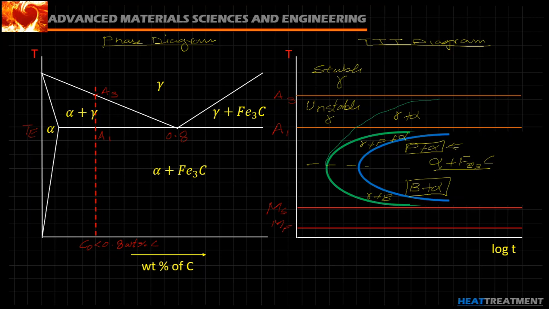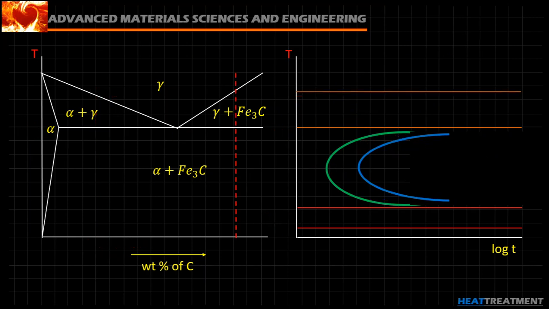Now we will see exactly the similar situation for the case of hypereutectoid steel. Here again, this is the phase diagram for hypereutectoid, and correspondingly we have the time temperature transformation diagram for hypereutectoid steels.